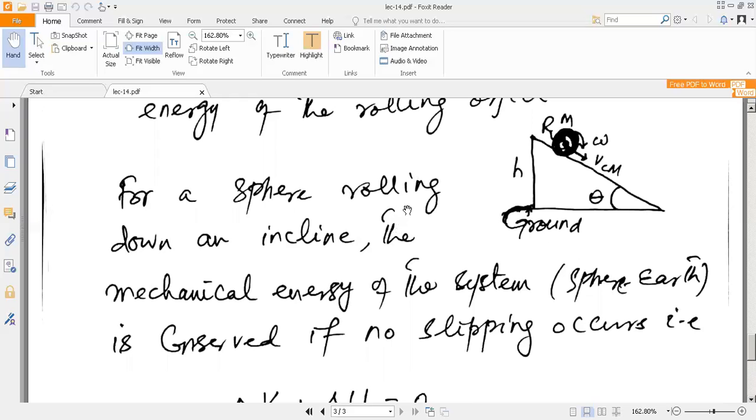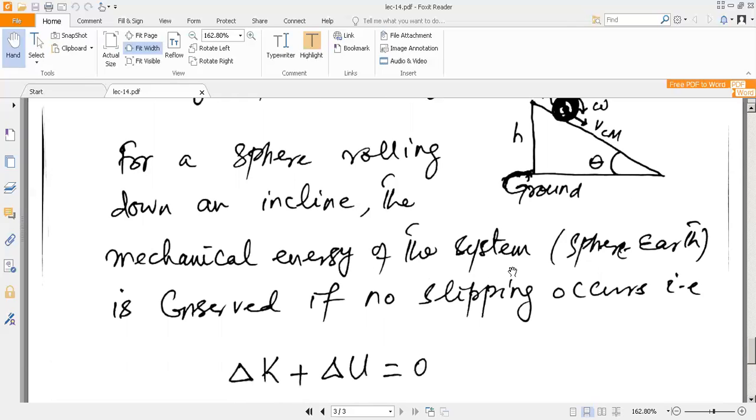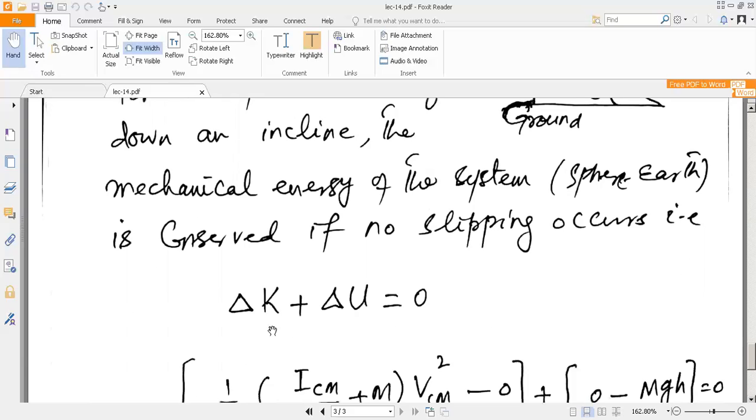For a sphere rolling down an inclined plane, the mechanical energy of the system is conserved if no slipping is occurring. And we say that in this particular case, change in the kinetic energy plus change in the potential energy of the object will sum equal to 0.